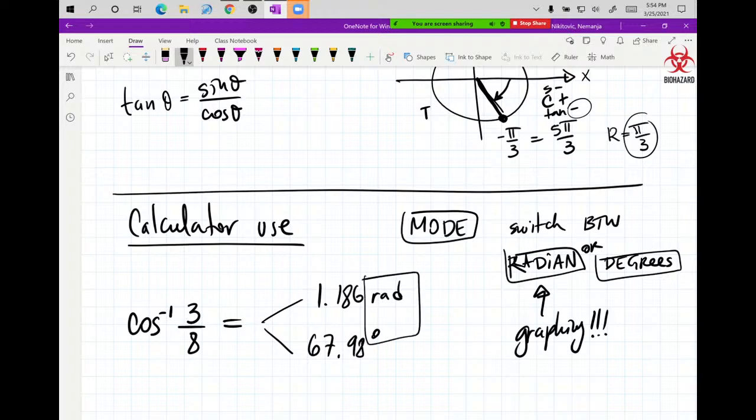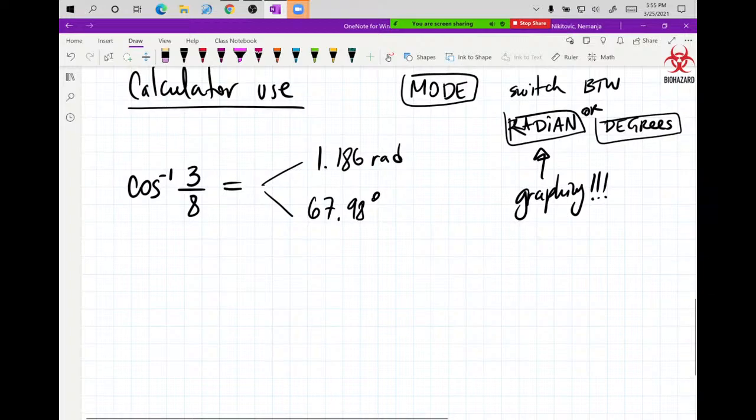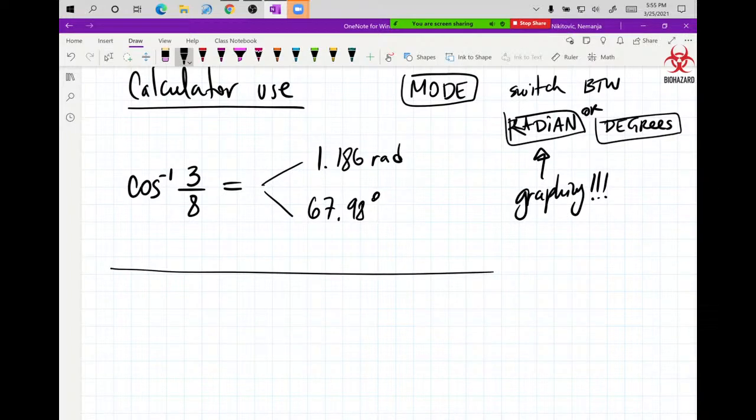Now, this is not included on the calculator, so good luck. You have to be very, very careful, and you have to check the mode before you do the calculation, so you know that you are coming up with the correct values for your problem.